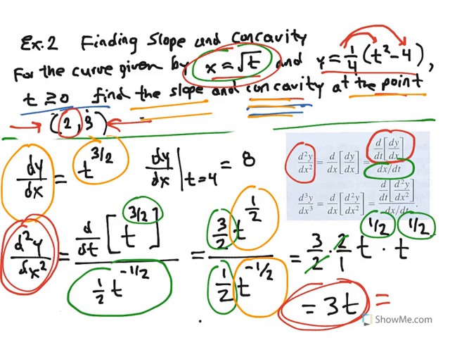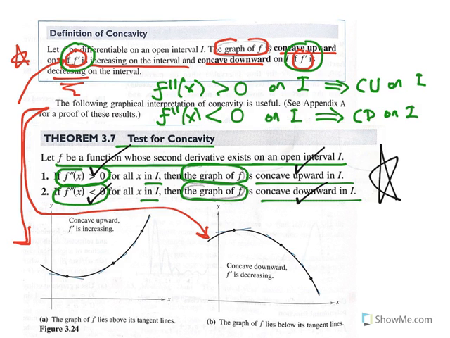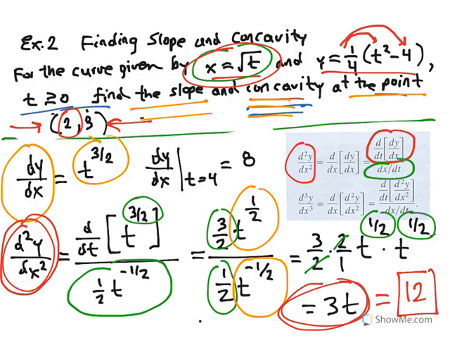And when you do that, you get 3 times 4 is 12, and that is a positive number. And if the second derivative is positive, the graph is concave upward.